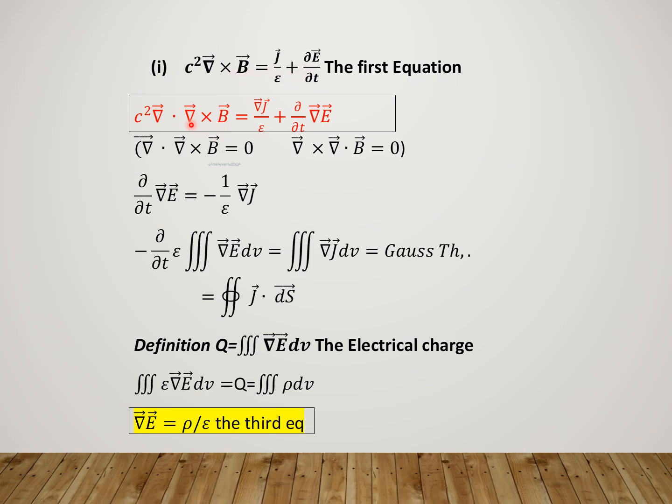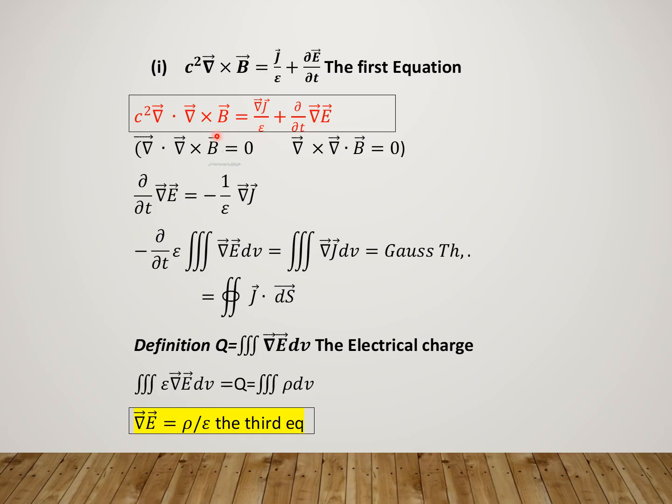Now the dot product of del with del cross B is equal to 0 according to this identity of vector analysis.